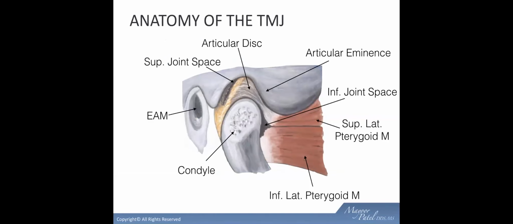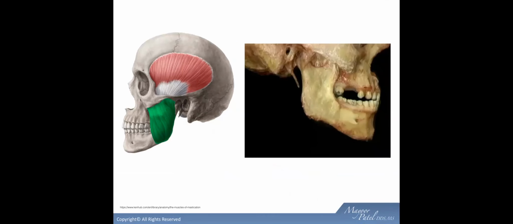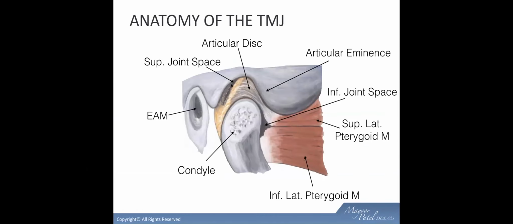I won't labor it, but I just want to point out a couple of highlight things which will come back in discussion. As we all are aware, the joint is encompassed with a lot of different sections. We have the superior joint space, the inferior joint space, and we also have the disc. If we look at that disc, that thick band that you see at about 12 o'clock right on top of the condyle is the posterior band.